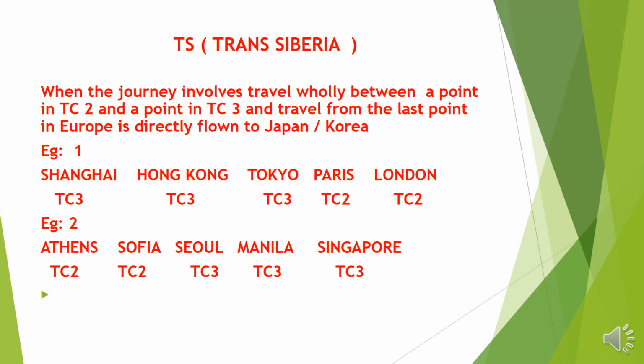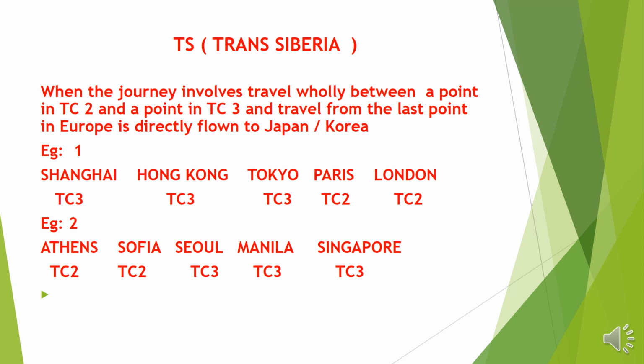So, giving an example, Shanghai, it's in China, TC3. Hong Kong, it's in TC3. Tokyo is in TC3, Japan. Paris is in Europe. France, it's TC2. And London in UK, TC2. So here we comprise journeys, cities in TC3 and 2.